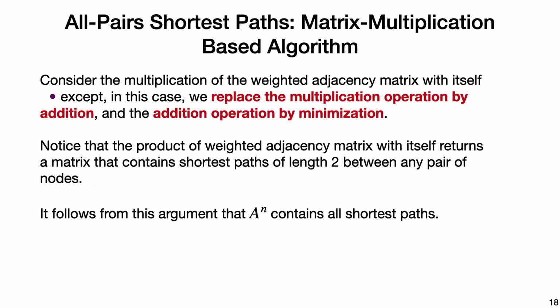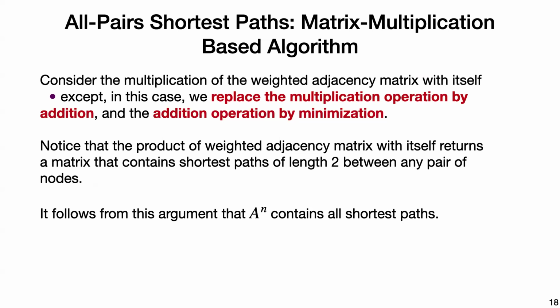Okay. So for APSP, one way to do it is through matrix multiplication, and we have already talked extensively about how to do matrix multiplication. One thing that is nice about this is that you can just drop in any matrix multiplication algorithm you have, and it will solve this problem for you. So consider the multiplication of the adjacency matrix, which stores the graph, with itself.